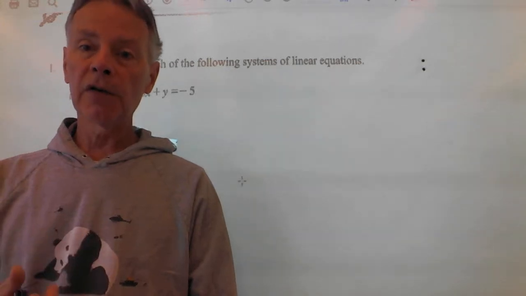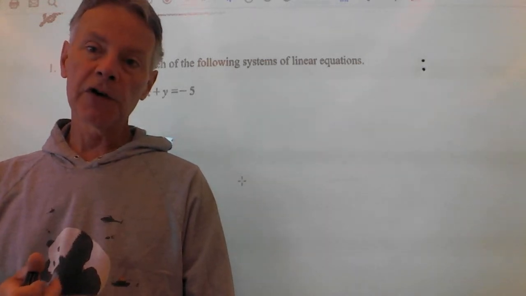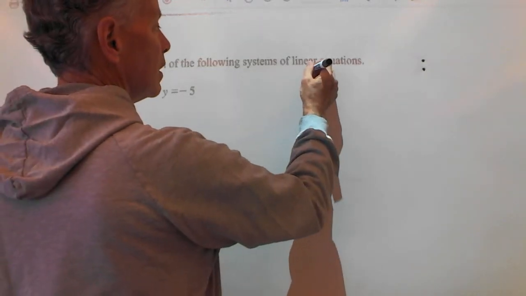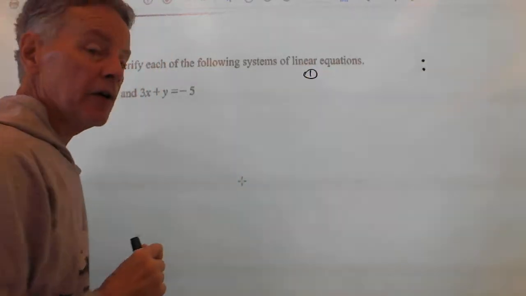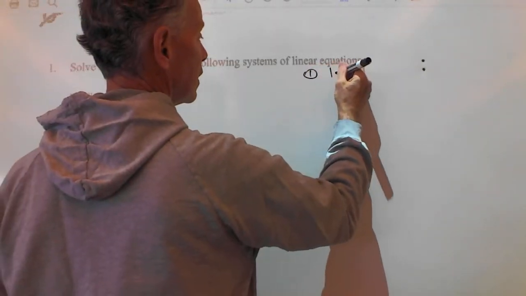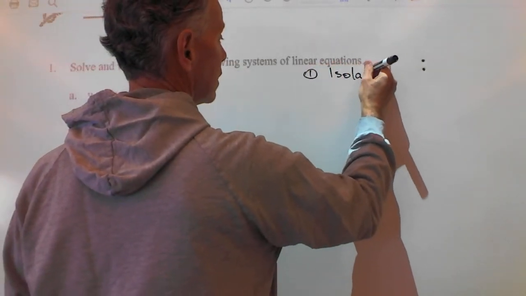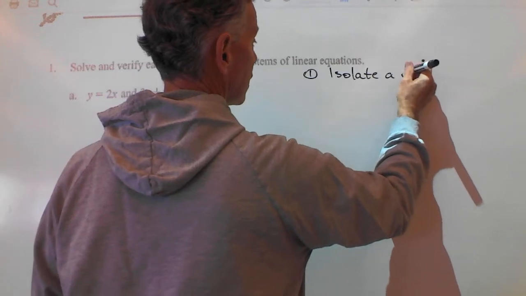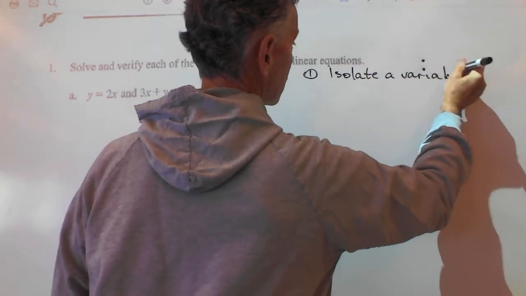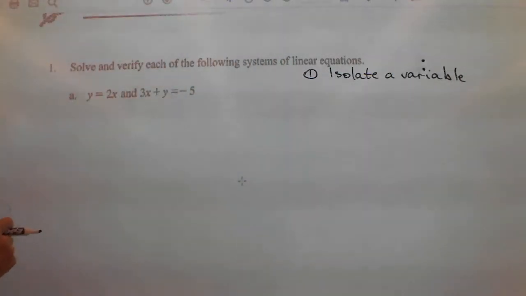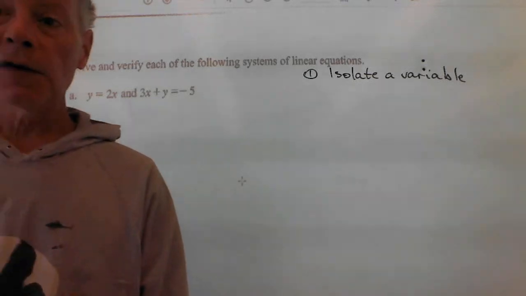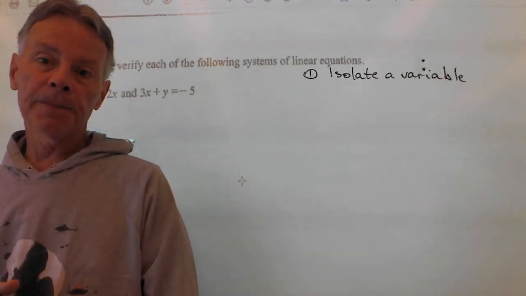There are other ways you can solve a system of equations, and we'll take a look at those a little bit later. But if you decide substitution is the way to go, your first step is to isolate a variable.